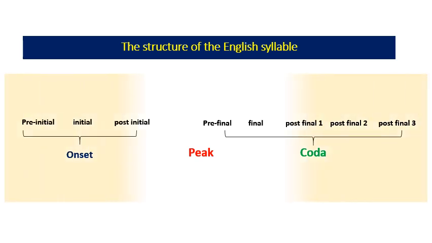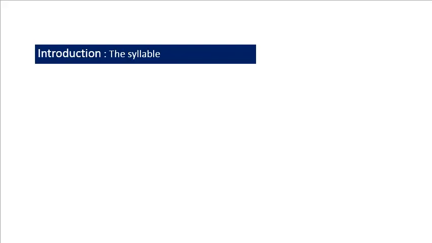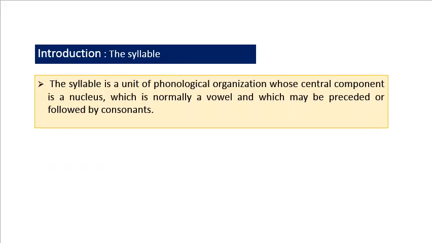Now let's move on to what we call the syllable, the definition, and let's have some information about it. The syllable, in short, is a unit of phonological organization whose central component is a nucleus, which is normally a vowel and which may be preceded or followed by consonants.